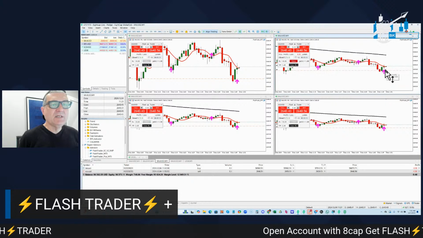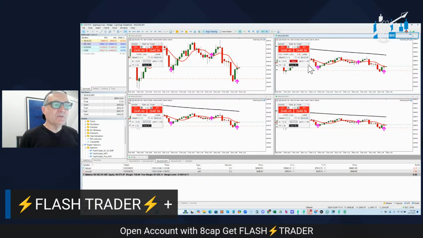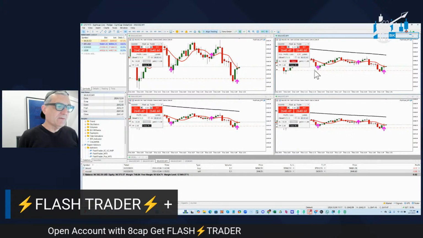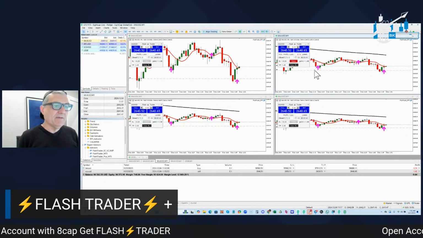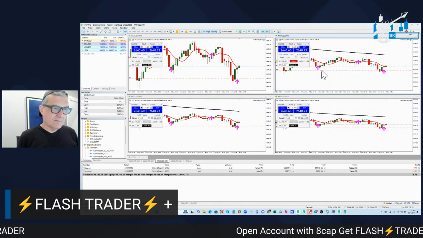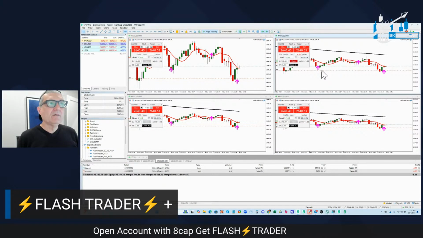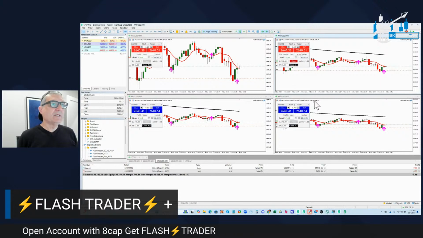But let's see if gold has reestablished its downtrend. So I sold gold here at the 40.5 level, targeting 39.